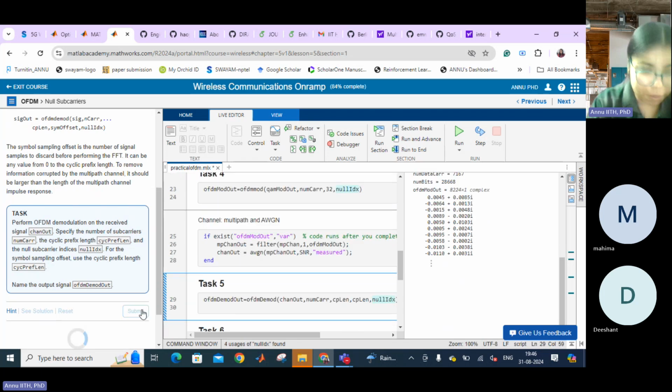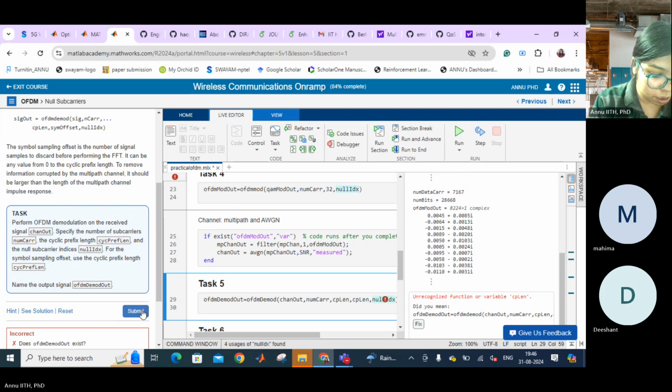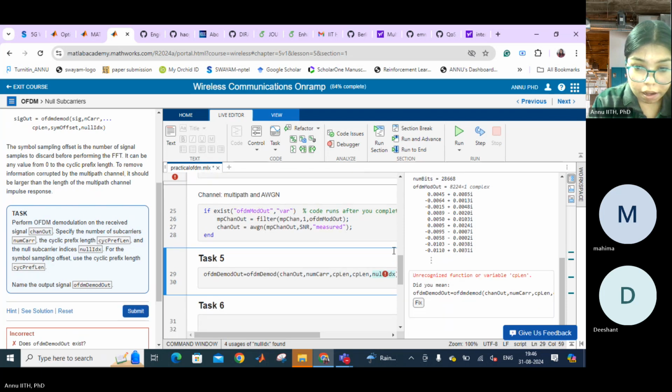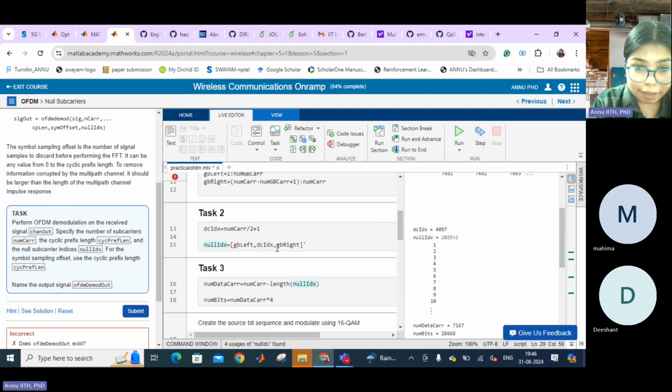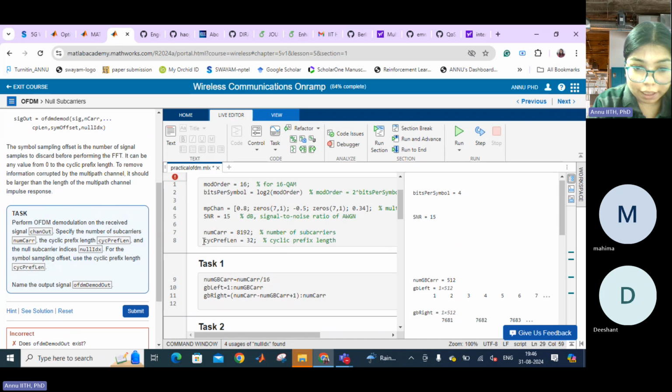We didn't provide symbol offset. The CP length, I have defined some other cyclic prefix length.